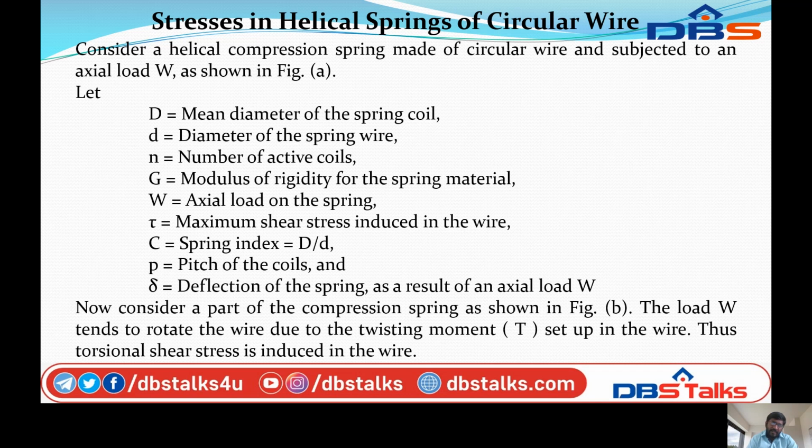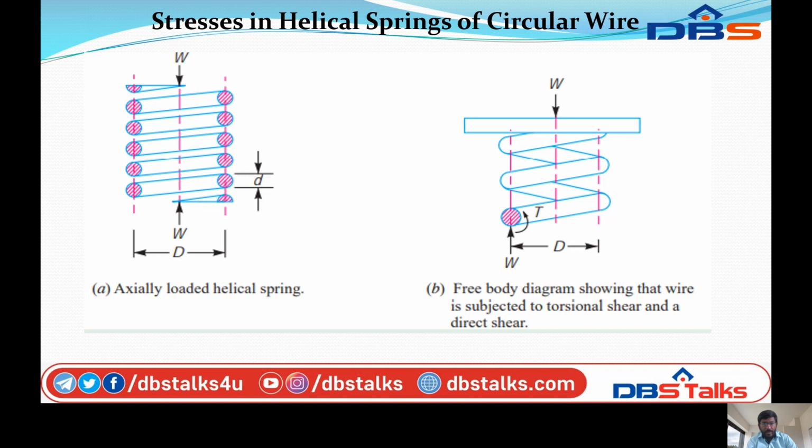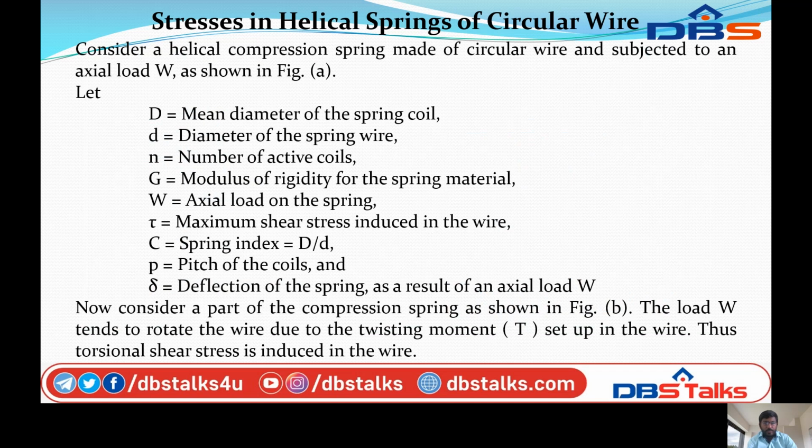Now consider a part of the compression spring as shown in figure B. This is the free body diagram, in which the wire is subjected to torsional shear and direct shear. The load W tends to rotate the wire due to the twisting moment T set up in the wire, so torsional shear stress is induced in the wire.